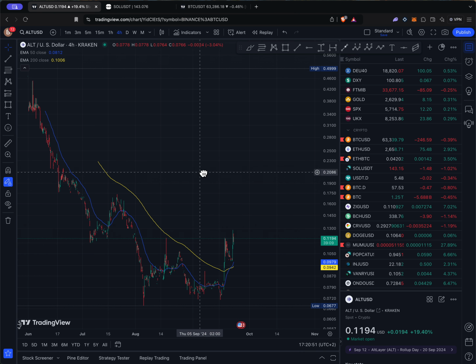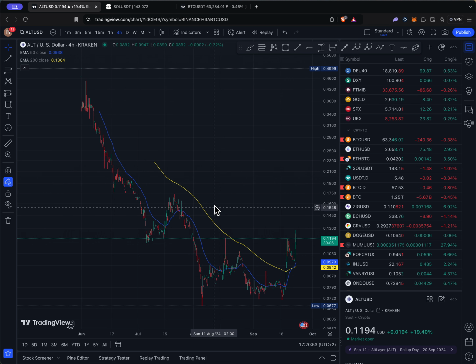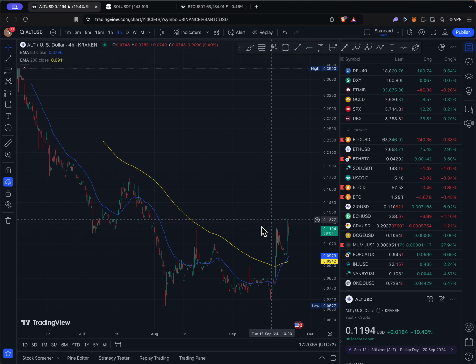So this coin, if BTC doesn't push a lot more, could be a good one to look for a short, for example.